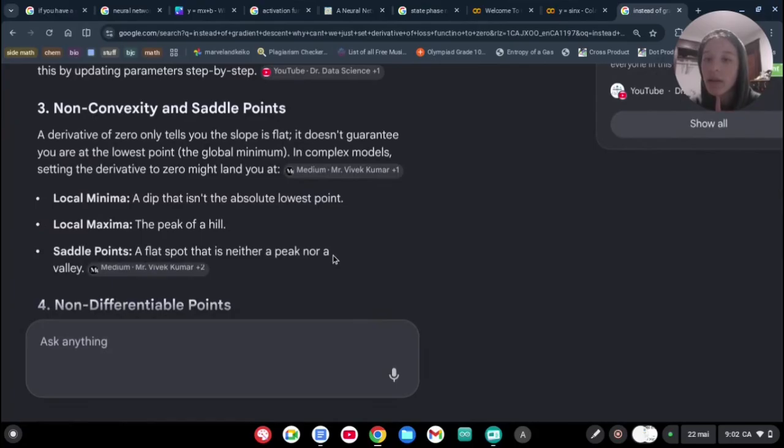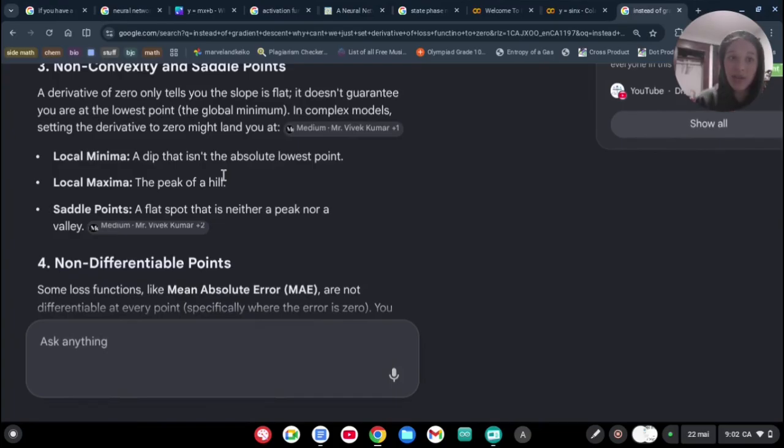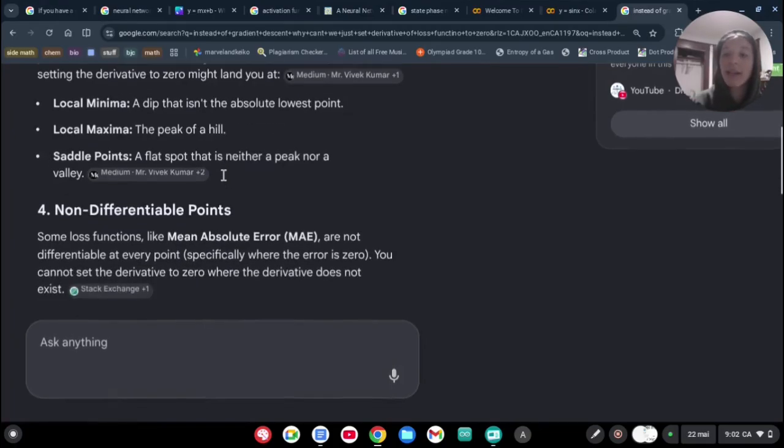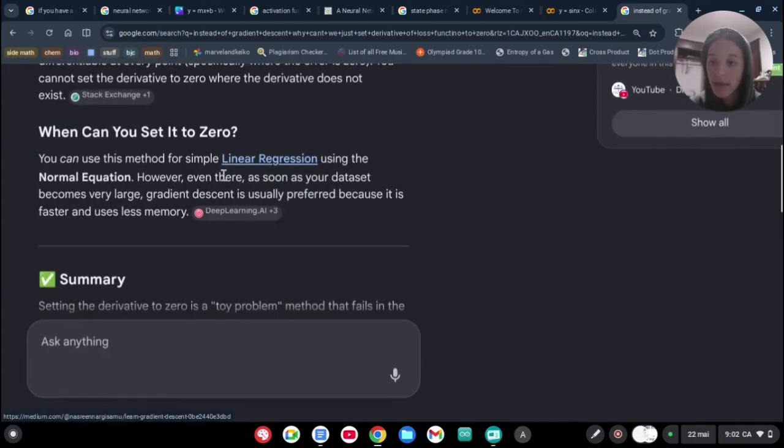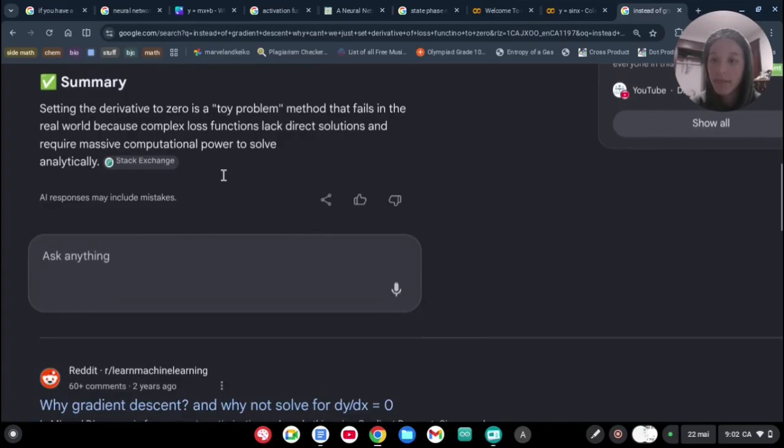Yeah, this was the other thing. Maybe when we set our derivative to 0, we won't be finding a minimum, maybe we'll be finding a maximum. Maybe we have non-differentiable points.